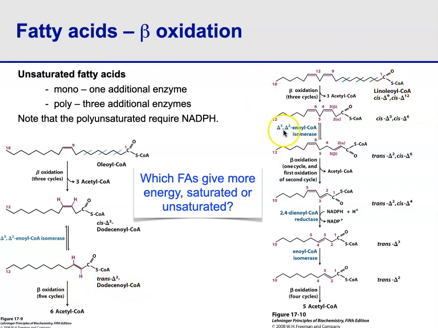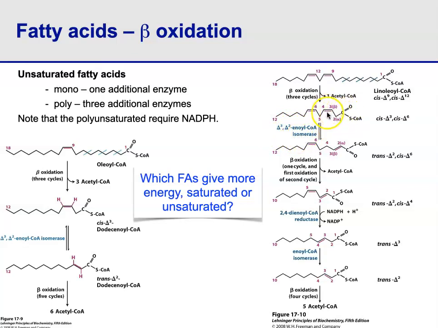Now, the situation with polyunsaturated fatty acids is slightly more complicated. Beta oxidation goes on while we have a saturated hydrocarbon chain. When we get to the first double bond, which is again in cis orientation, we need the same enzyme, delta 3 to delta 2 enoyl-CoA isomerase.